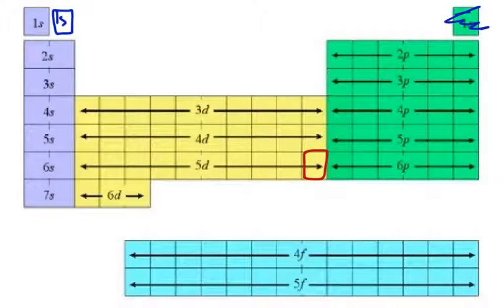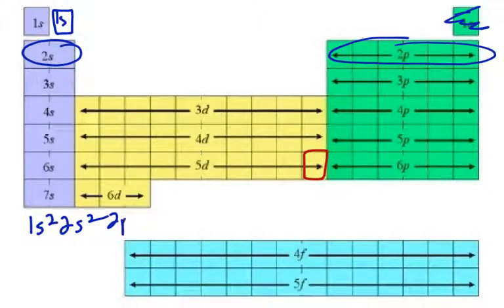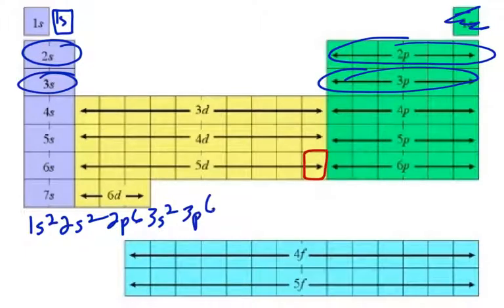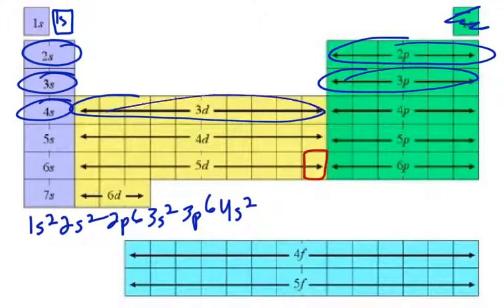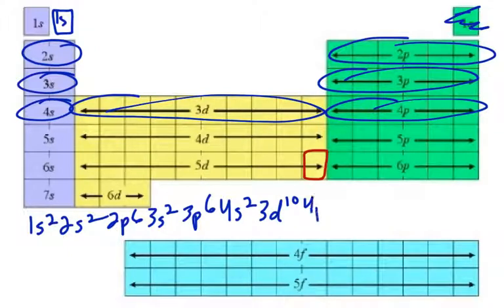So if I just start here at the top, you'd have 1s2, and then this 2s2, 2p6, 3s2, 3p6, 4s2, 3d10, 4p6, and you're going to want to do this with a periodic table, not just with this thing. This thing is probably pretty easy, but the periodic table, it might be a little harder to remember where these are.